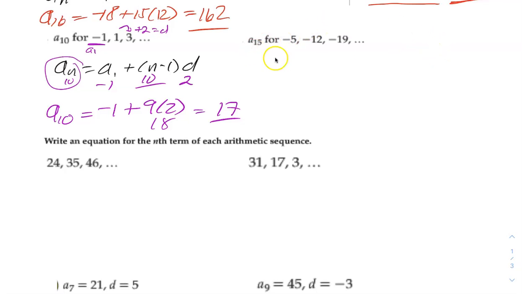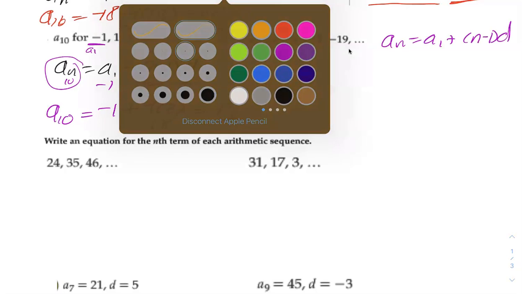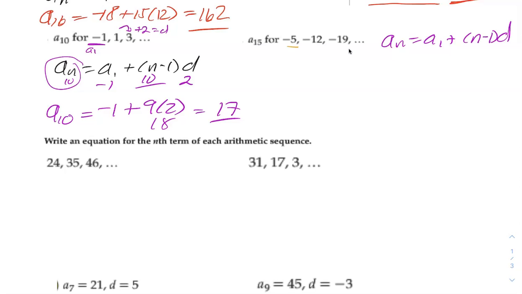Same idea here, they want us to find a15. So write down the formula. I know what the first term is, there it is, negative 5. Common difference, you could find it. In this case, it's going down. They're subtracting 7 each time. And I'm looking for the 15th term.